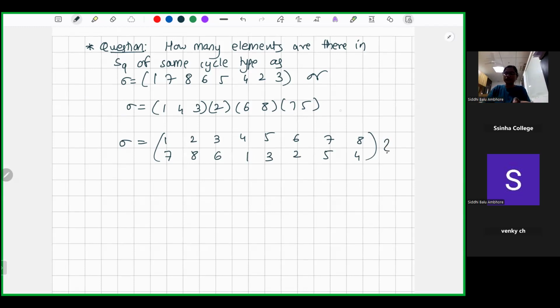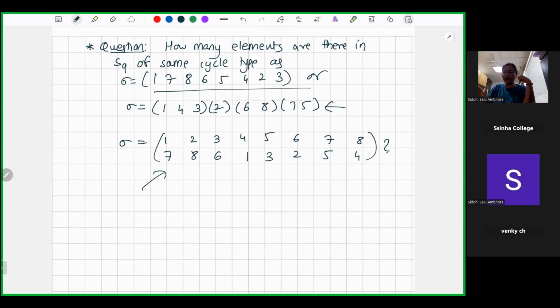And then first you will have to find... in this case they have actually given the disjoint cycle, and this is anyway a disjoint cycle. I mean, this is only one cycle of 8, so that's not a problem. But yeah, something like this is already giving you what is the cycle type and so on.